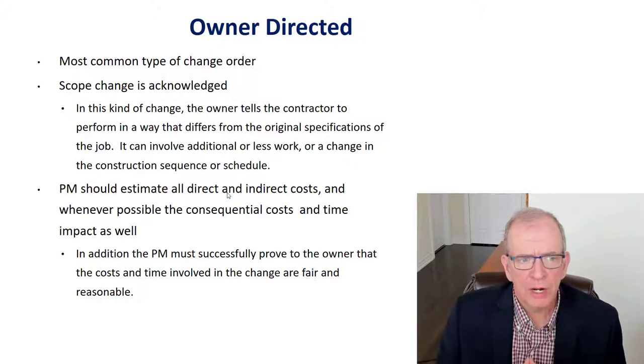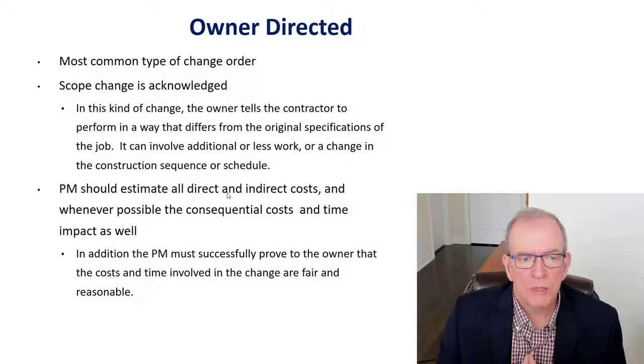They tell the contractor to perform it, and they know that it differs from the original specifications. Sometimes the change could be a deletion, meaning that there's less work, or it could be that there is actually additional work. And it could also impact the construction sequencing and schedule, of course.